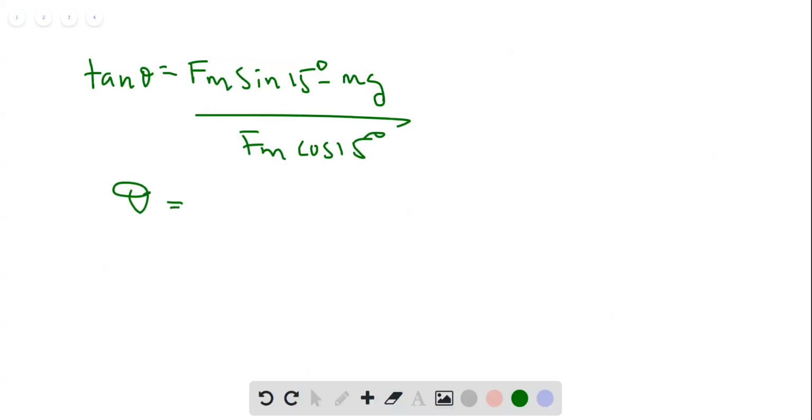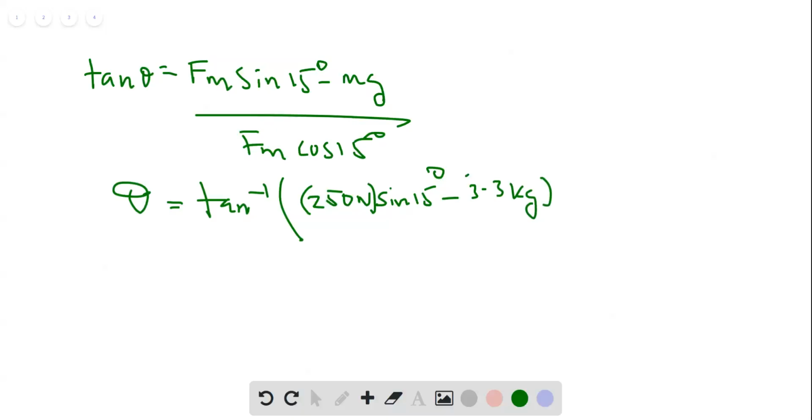Theta has to be tan inverse of this relationship, which is 250 newtons times sine of 15 minus mg, which is 3.3 kilograms times 9.8 meters per second squared, that's g.